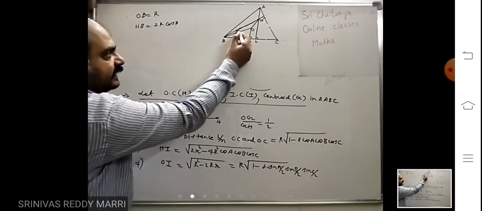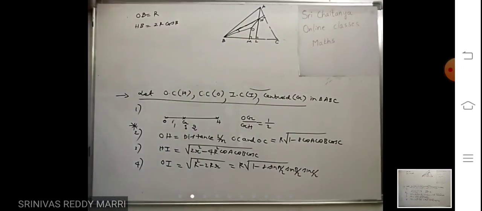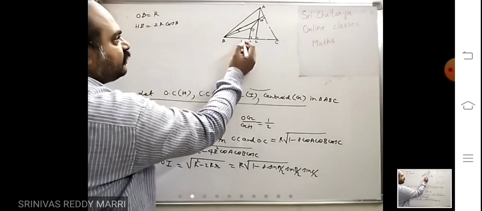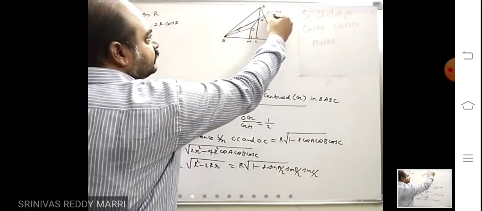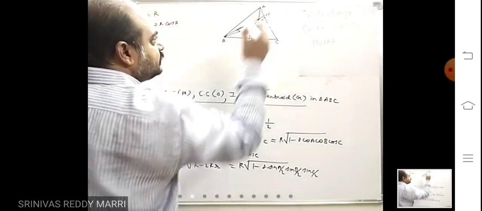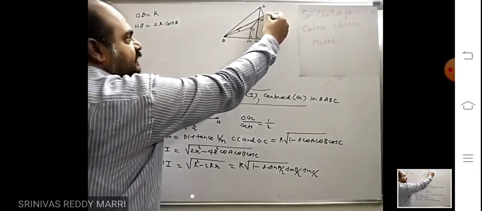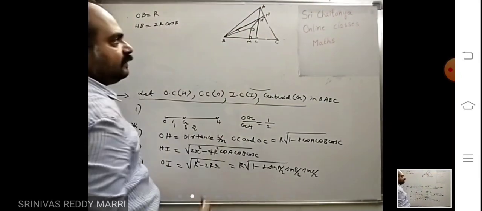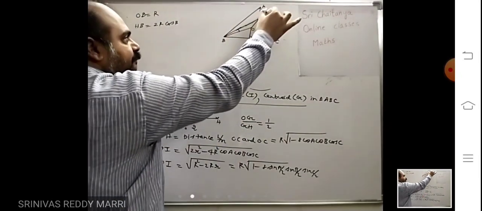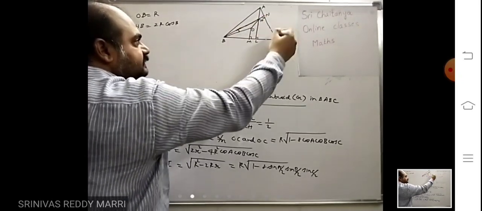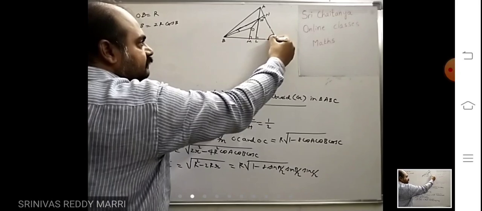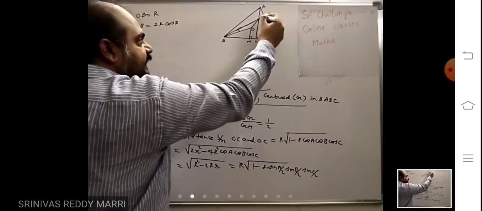Now I am going to calculate that angle. Let us say this is N. That is one altitude and that is 90 degrees. Look at triangle BNC. This angle is C and this angle is 90 degrees.